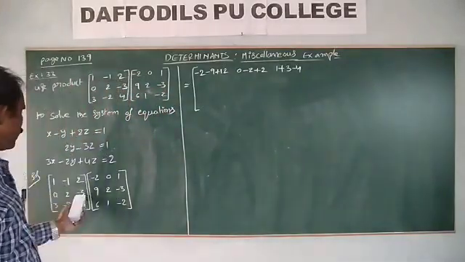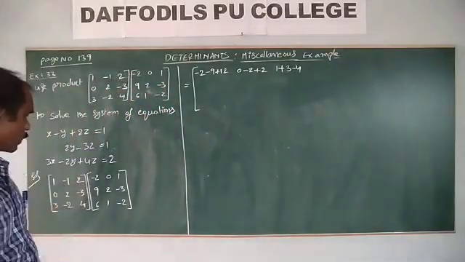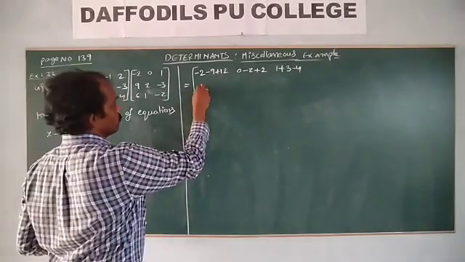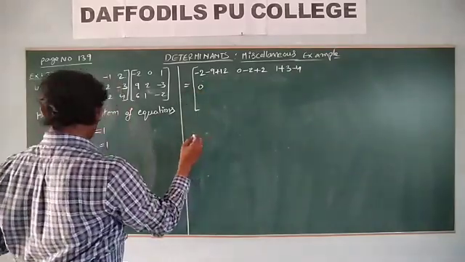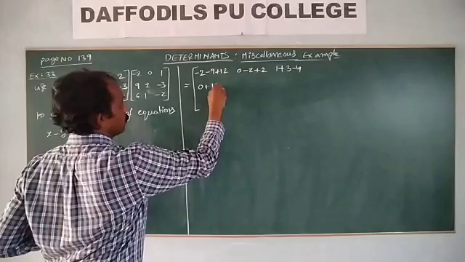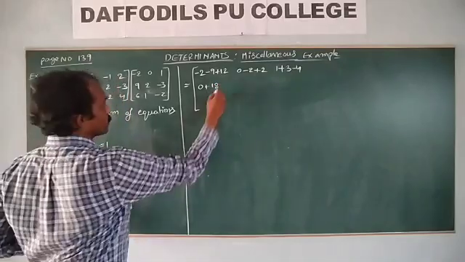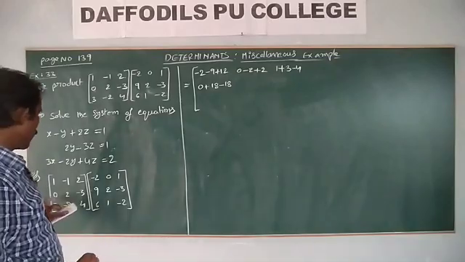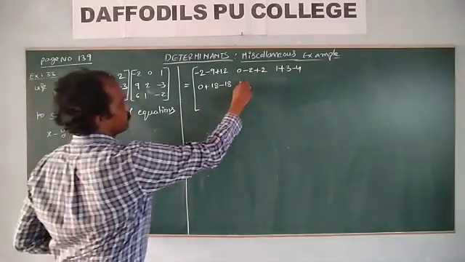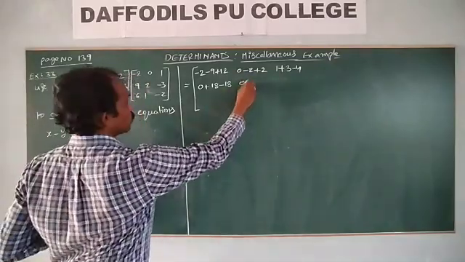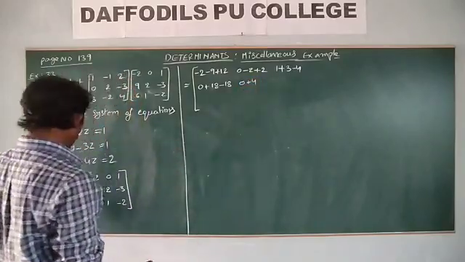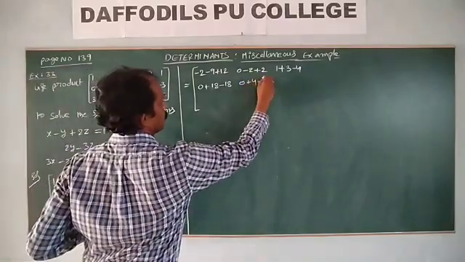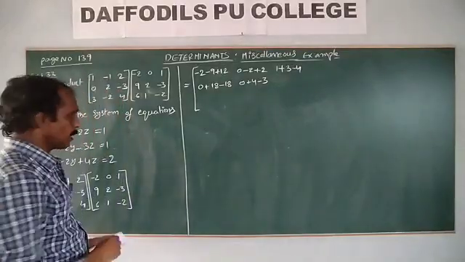Next, second row, first column: 0 into minus 2 is 0, 2 into 9 is 18, minus 3 into 6 is minus 18. Next, 0 into 0 is 0, 2 into 2 is 4, minus 3 into 1 is minus 3.